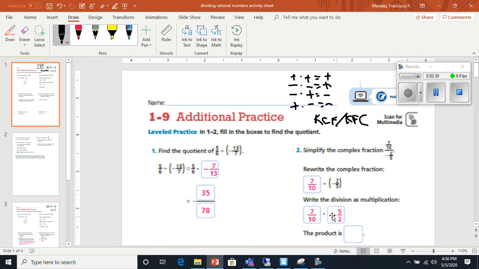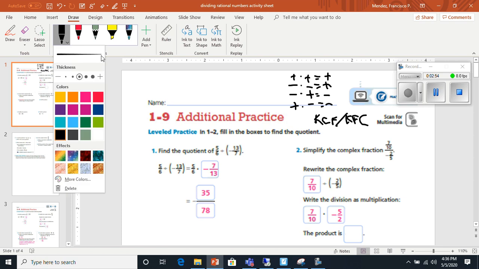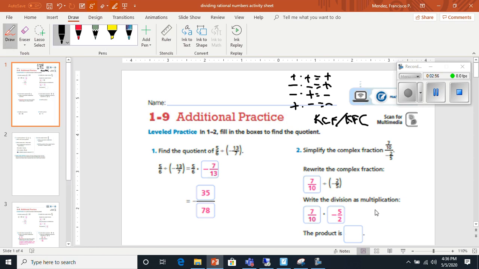And the product of that will be, well, 7 times a negative 5 is negative 35, and 10 times 2 will be 20. Problem is, we know that 20 goes into 35, and let's go ahead and write that out. That will give us negative 35 over 20. 20 goes into 35 one time.